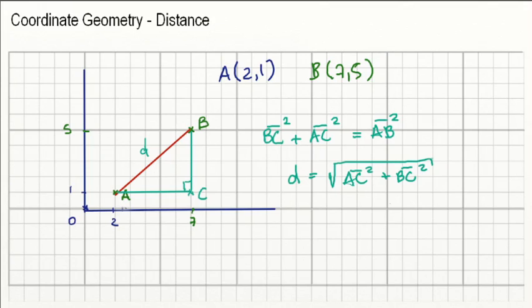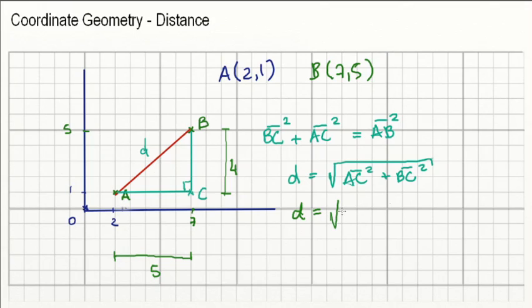Now, what if we apply those values? For that particular example, what would be the distance? Now, this length here, if you take a look at it, the height of B is 5 and the height of C is 1, so this difference is 4. Also here down below, since the x-coordinate of point C is 7 and the x-coordinate of point A is 2, this distance will be 5.